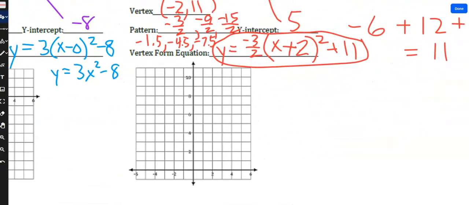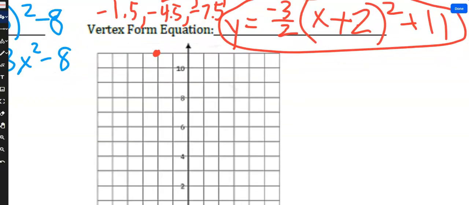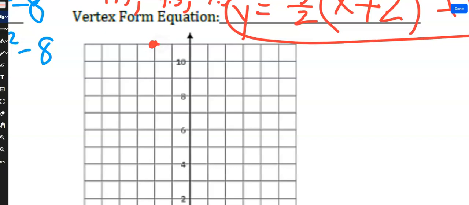And we can come back here to negative 2, 11 and start using our over 1 down 1.5, over 1 down 4.5, so that would be down a half, and then 4 more. 1, 2, 3, 4.